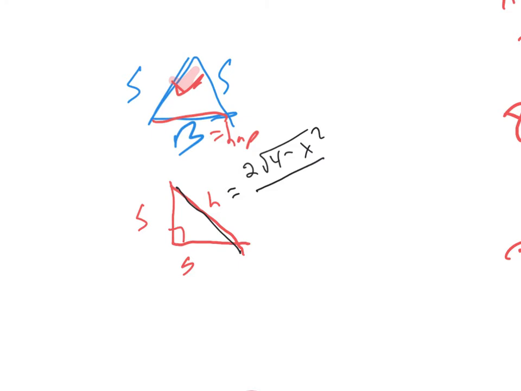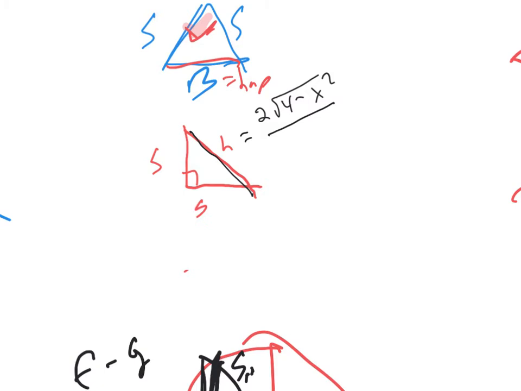I'm thinking. I've got something for you. It's a 45, 45, 90-degree triangle. And you're asking me, how did I know that? Well, I had to keep thinking. So whatever this side is, this side's the same, and the hypotenuse will always be the square root of 2 times this side.